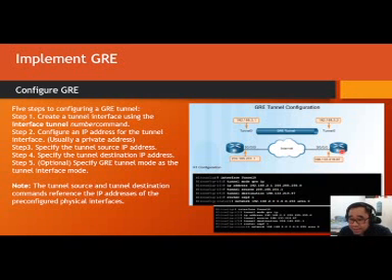It's the IP address of the router that you want to tunnel to, or tunnel with. Step 5, specify GRE tunnel mode as the tunnel interface mode. The tunnel source and tunnel destination commands reference the IP address of the pre-configured physical interface. Okay, we will try to do a basic configuration of a GRE tunnel.